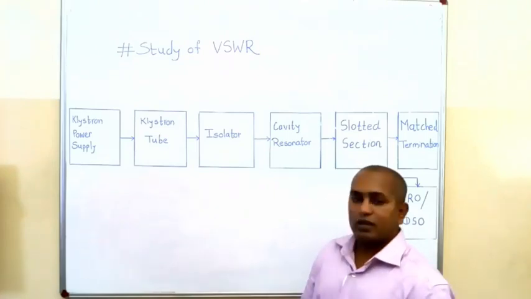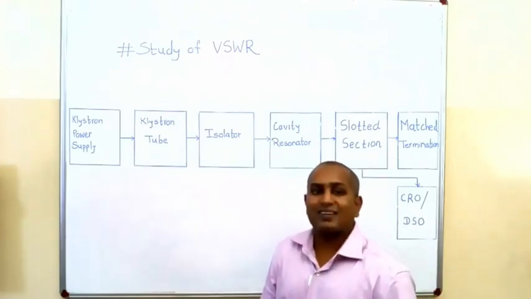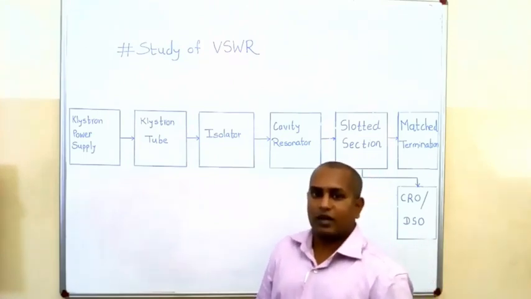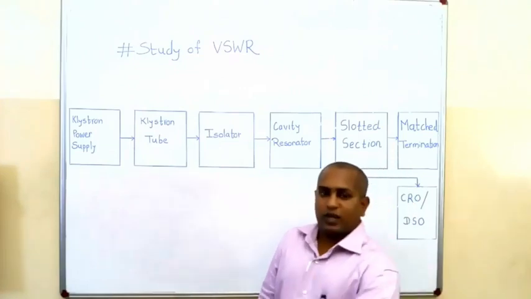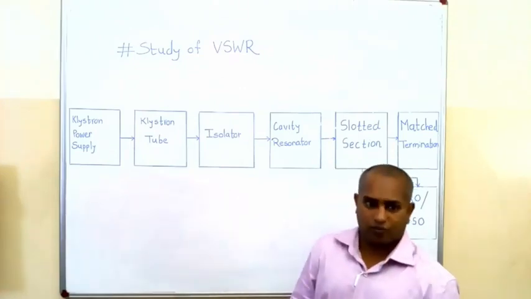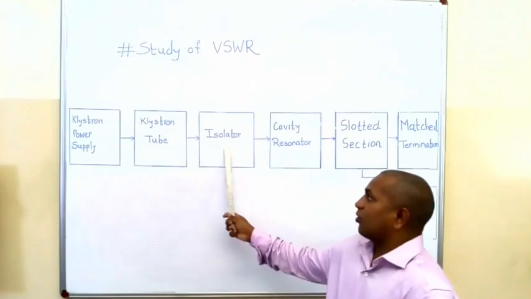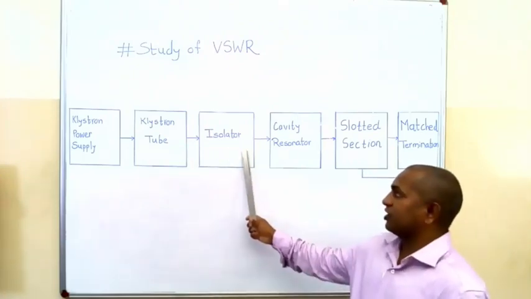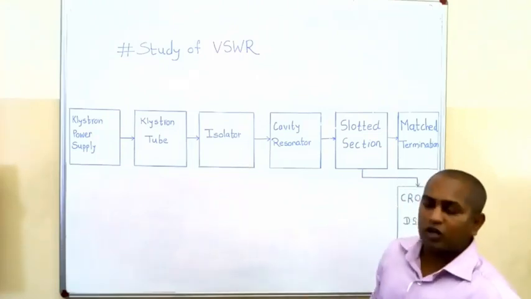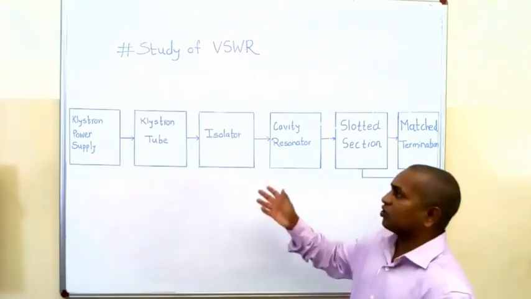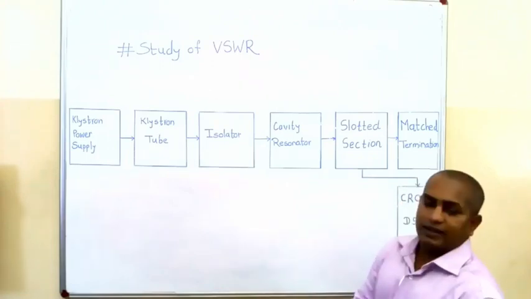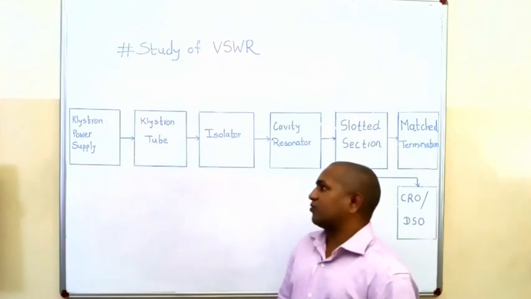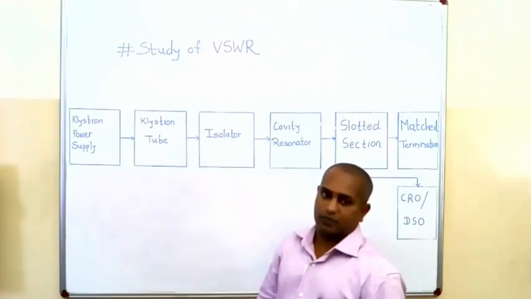It generates an electromagnetic signal in the X band, that is from 8 GHz to 12 GHz, and we know that 8 to 12 GHz is our microwave frequency. Third block is an isolator. We know the operation of the isolator. It avoids the reflected signal from the output side, and keeps the operating frequency of the oscillator stable.